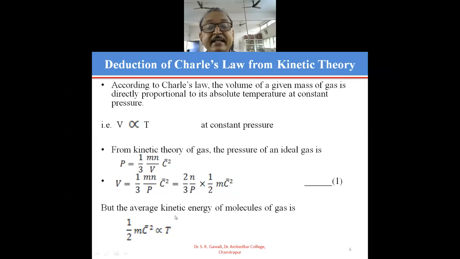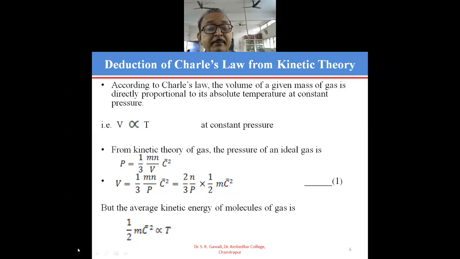But the average kinetic energy of the molecule of the gas, given by 1 by 2 m into C bar square, is proportional to the temperature. So, the average kinetic energy of the molecule of the gas depends upon the temperature, that we have seen in the kinetic interpretation of the temperature.